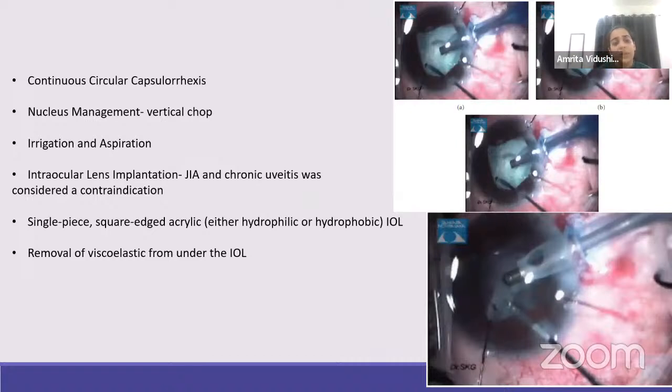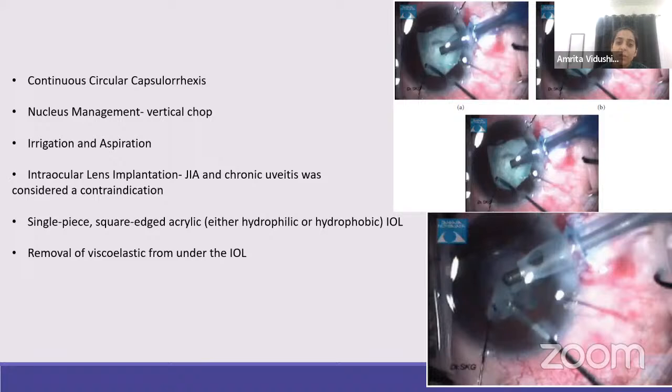Coming to nuclear management, they say that the vertical chop is one of the safest procedures to do. Irrigation and aspiration should also be done very cautiously in such cases because of the possibility of zonular weakness. For intraocular lens implantation, as we just talked about in cases of JIA and chronic uveitis, this was always considered a contraindication.